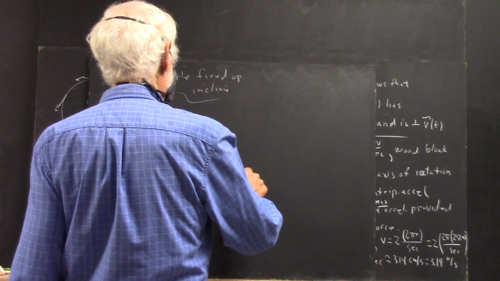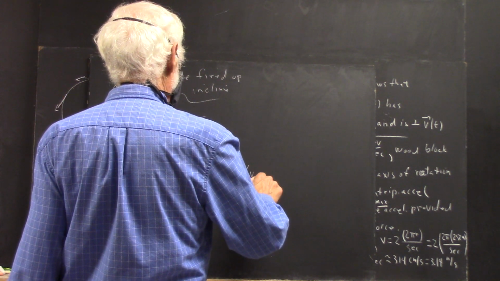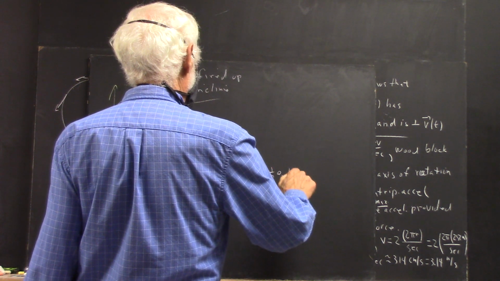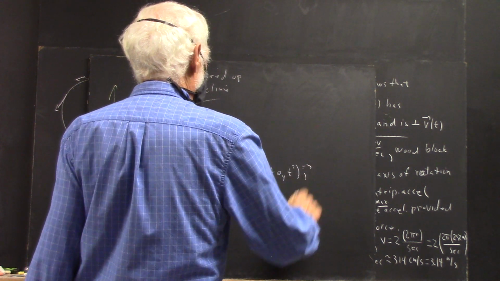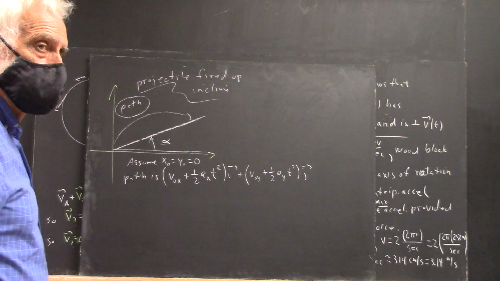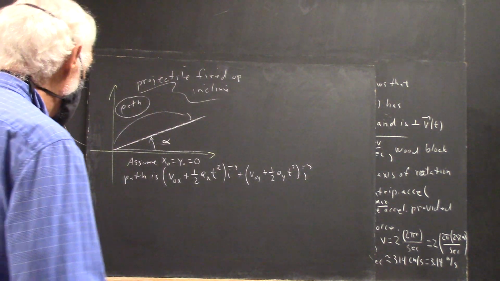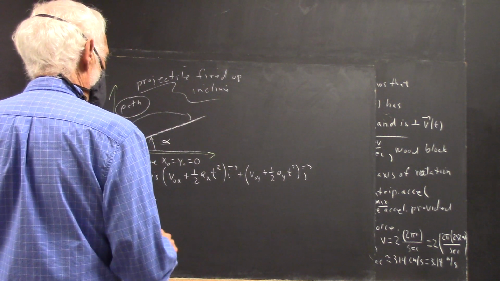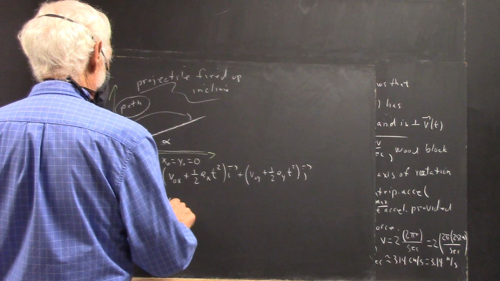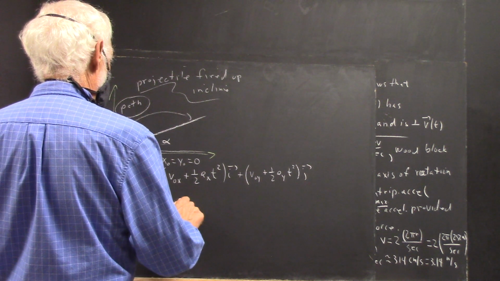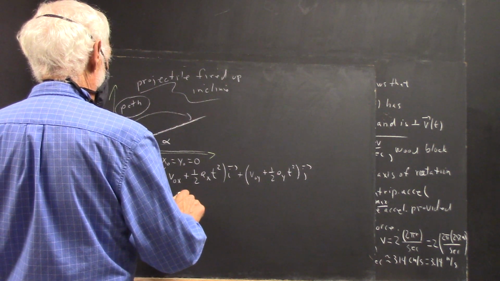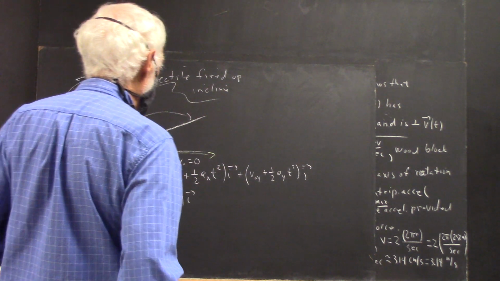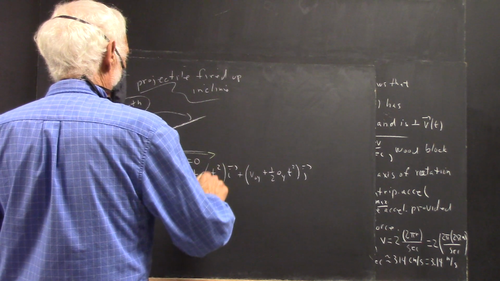Plus v naught y plus 1/2 ay t squared times your j vector. And that equals just plain old v naught x i because ax is 0.